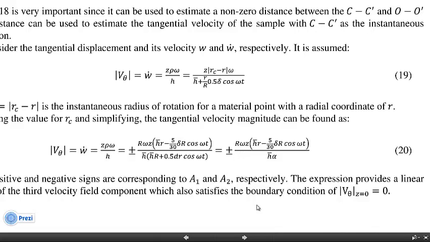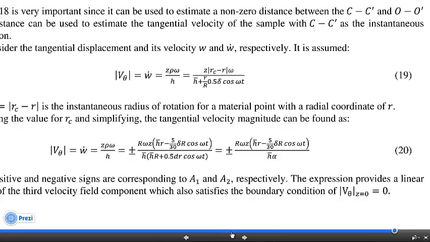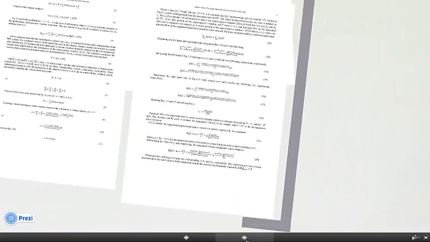The plus and minus signs correspond to A1 and A2 respectively. So this velocity field is now fully described and it complies with the boundary conditions. We see that this is zero at the bottom surface of the sample and it fulfills all other boundary conditions.